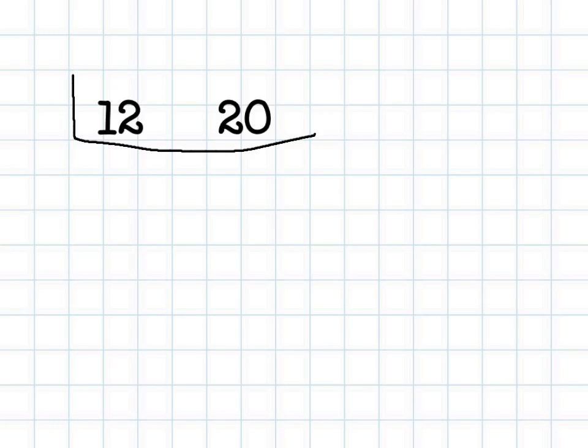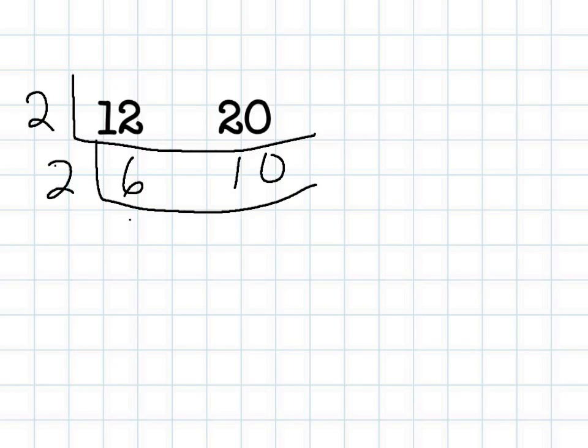Okay, the smallest prime number that goes into 12 and 20 is 2. 2 goes into 12 6 times, 2 goes into 20 10 times. Is there another prime number that goes into 6 and 10? Yes, 2 goes into 6 and 10. So 2 goes into 6 3 times, 2 goes into 10 5 times. Is there another prime number that goes into 3 and 5?